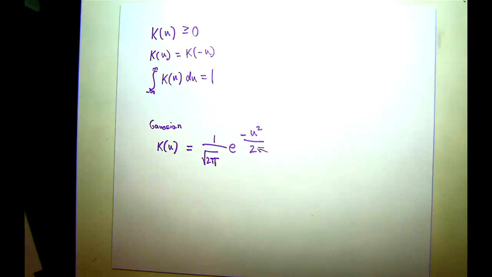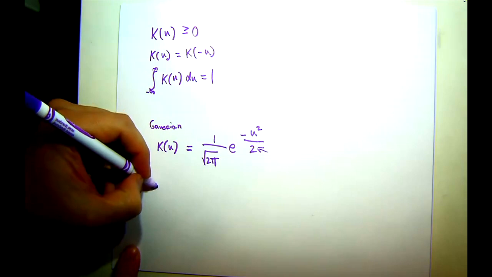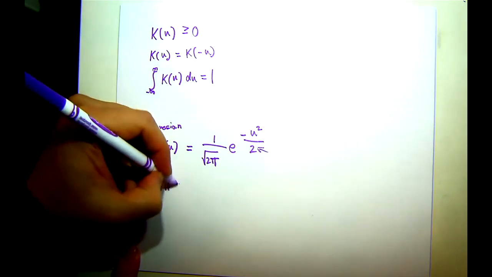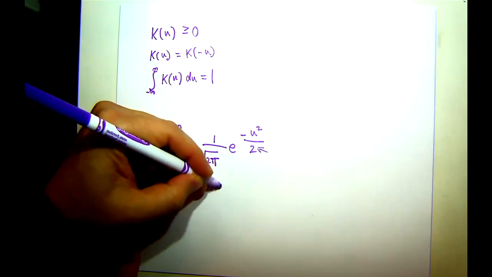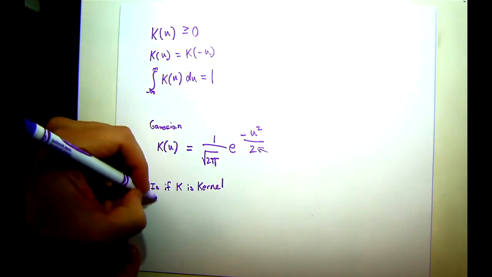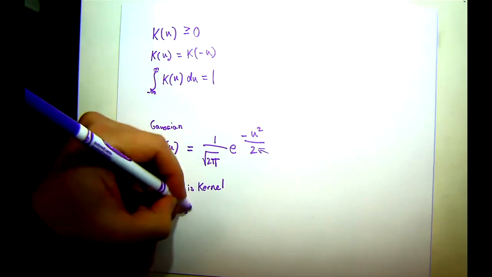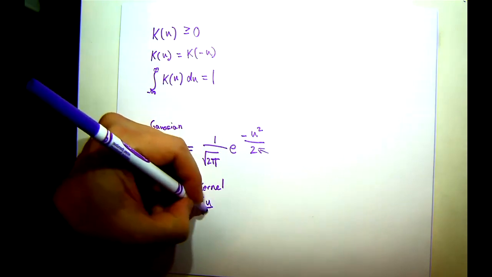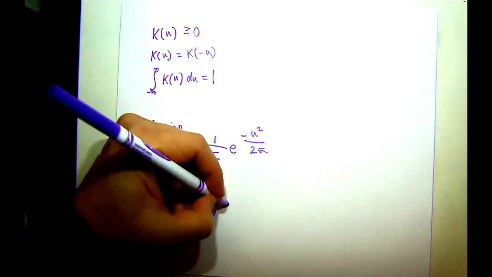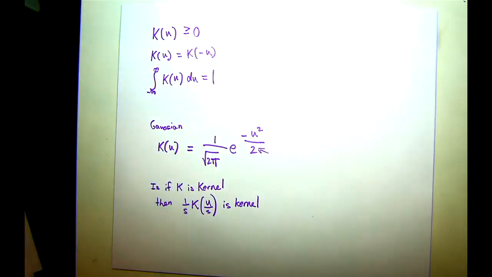Now, the one thing about kernels, you could prove it mathematically, is if k is a kernel function, then 1 over s times k of u over s is also a kernel function. So you can just rescale them, basically.